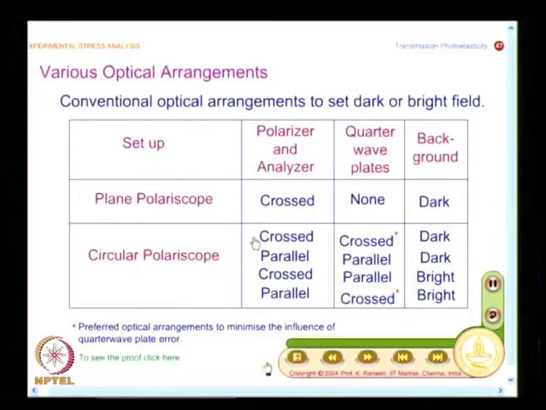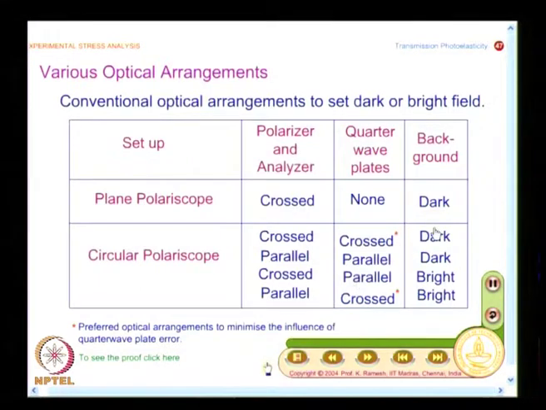Experimentalists have found out that if you use crossed quarter wave plate combination, that is what I had represented in my line sketch. We moved from dark field to bright field by keeping the quarter wave plates crossed. We kept the polarizer analyzer initially crossed, then we kept them parallel.